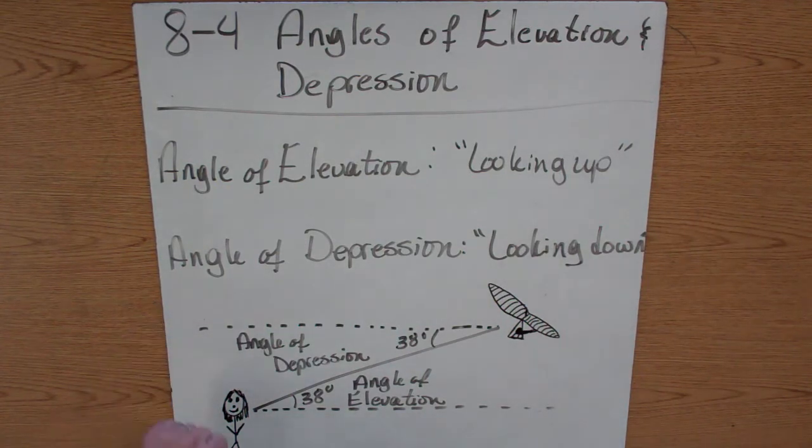So here's a little example of that. We got our little person here, really skinny. They kind of need to eat some food. And here we have a hang glider. Yeah, that's supposed to be a hang glider.